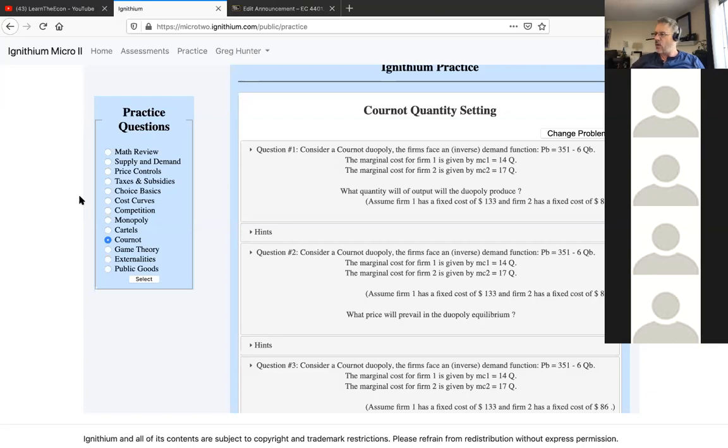What you should be ready to type is Q2 in terms of Q1, an equation like this. Any questions? I'm going to type here, formulate the RF for firm 2. I'll let you guys get to work for a few minutes.